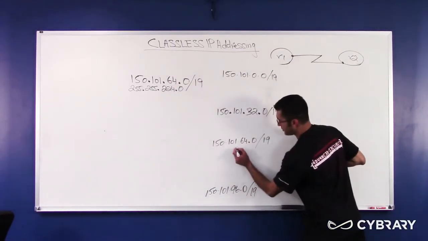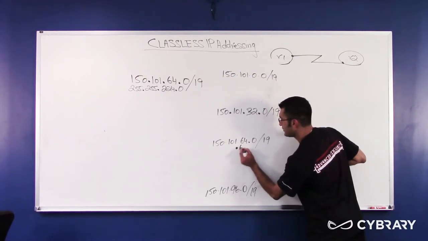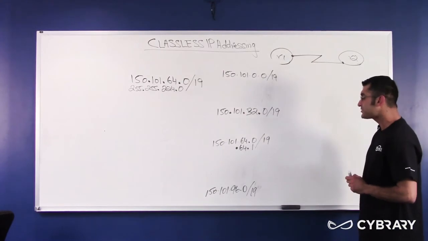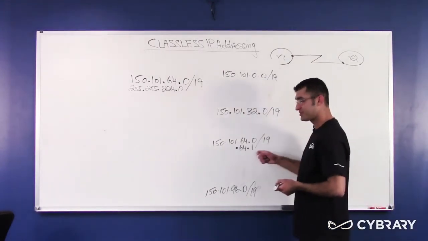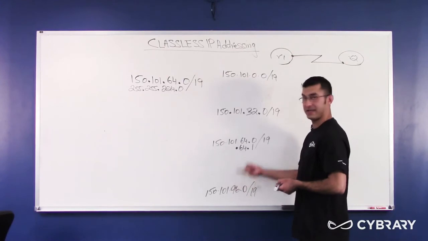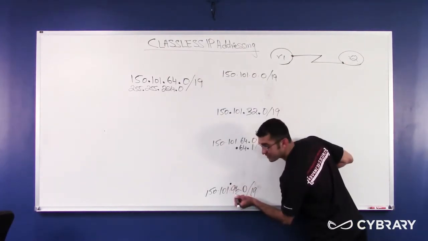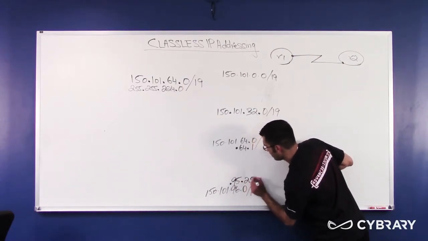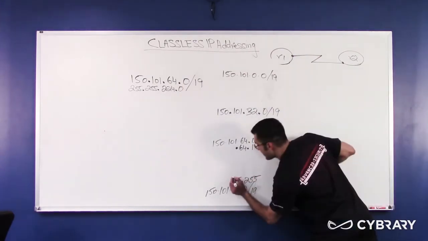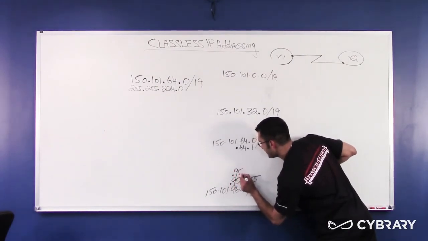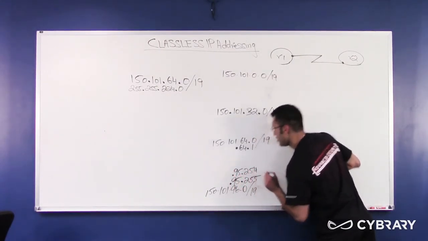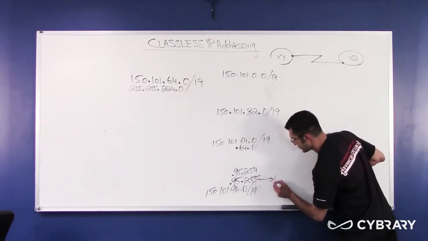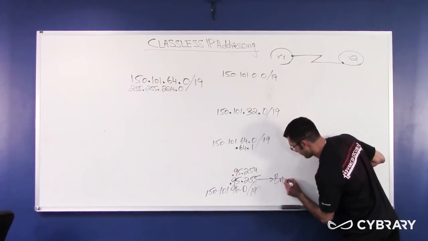So I had asked, what is the valid host range for this network? Well, the first address would be 64.1. The last possible address for this street would be one before the next street. Since the next street starts at 96, it would be 95.255. 95.254 would be my last valid address. 95.255, as always, being my broadcast.